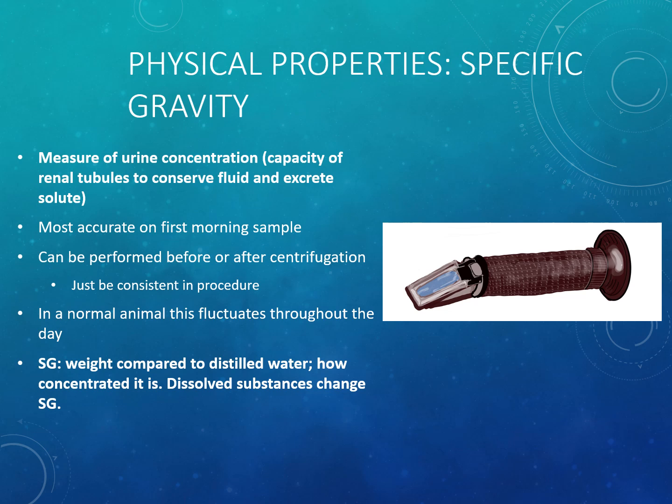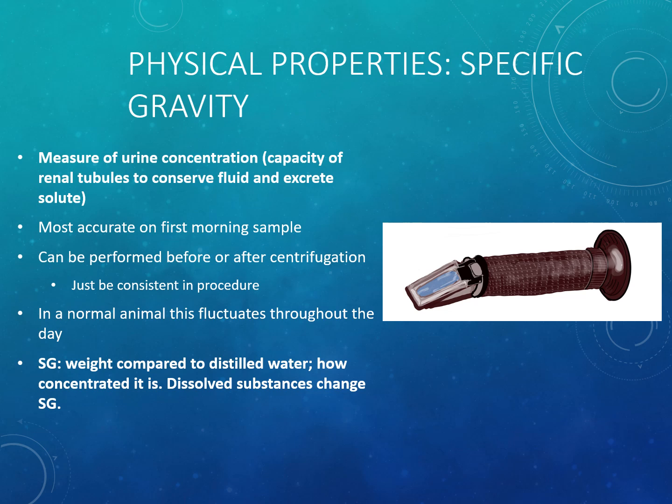A high specific gravity can also have to do with kidney function. If we're not eliminating enough water, the urine's going to be concentrated. And also, if the urine is too dilute, the kidney may be losing too much water and not reabsorbing the amount that it's supposed to be reabsorbing.